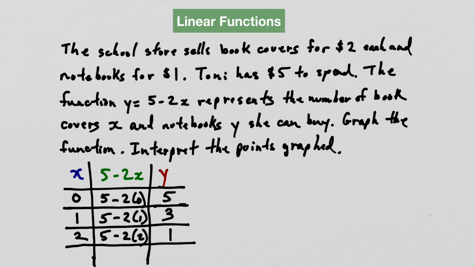And if we buy 3 book covers, how many notebooks can we buy? Well, 5 minus 2 times 3 is 6, so 5 minus 6 is negative 1. Interesting. So let's see what we do next.